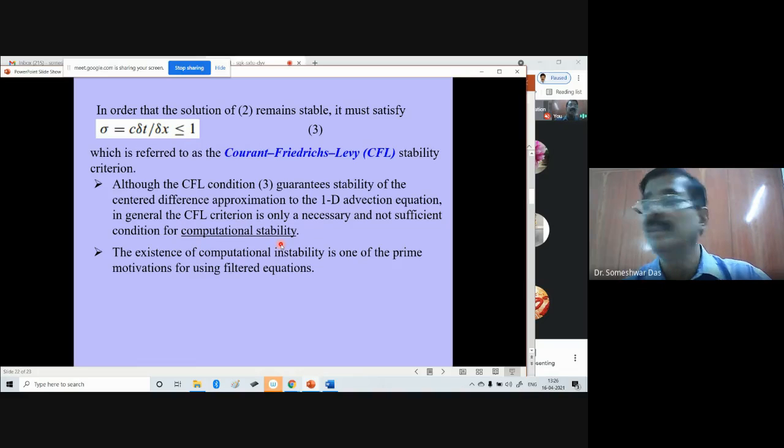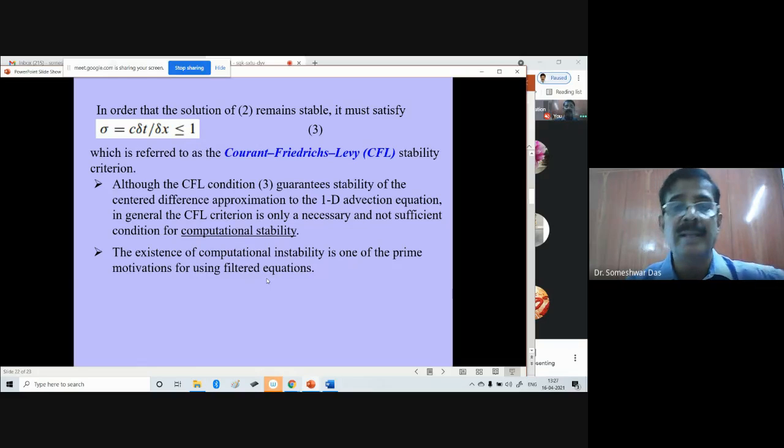That means there are other factors which must also be fulfilled in order to have a stable solution of the numerical model. The existence of computational instability is one of the prime motivations for using the filtered equation.